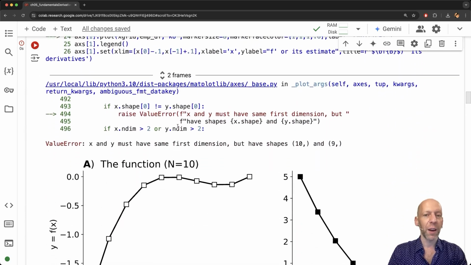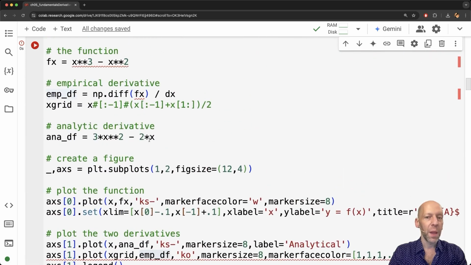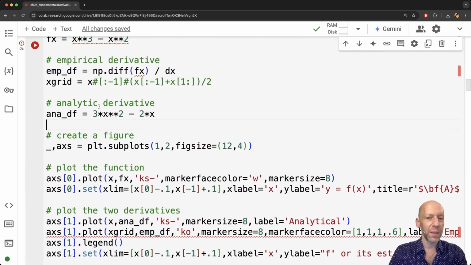So let's look at the error message. The error message is x and y for plotting must have the same first dimension. So basically, the number of elements mismatches. Okay, so in x, we have 10 elements, and in y, we have only 9 elements. Now, why do we have only 9 elements in the empirical derivative here?